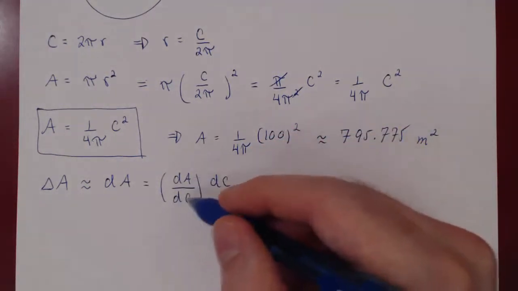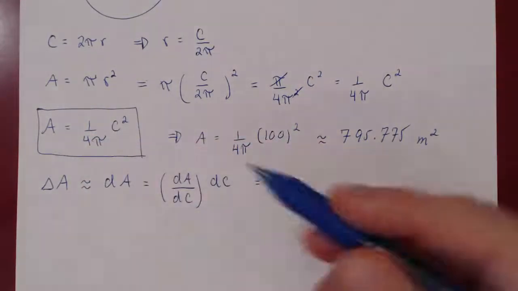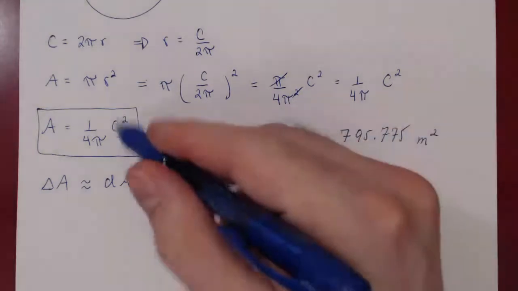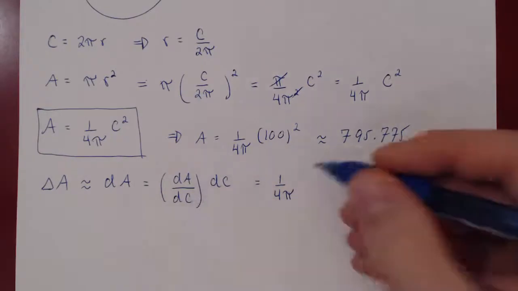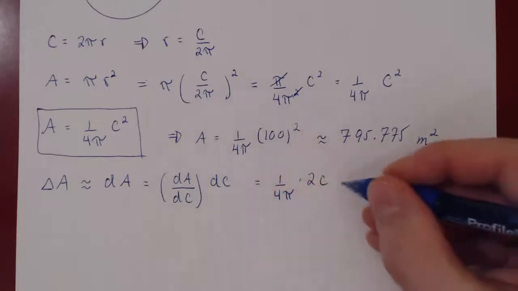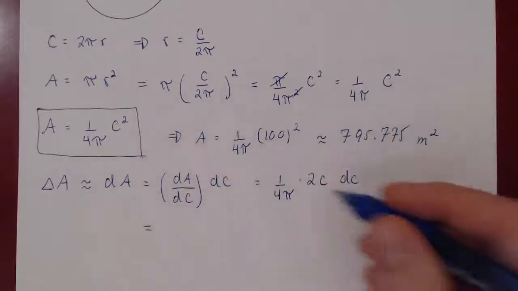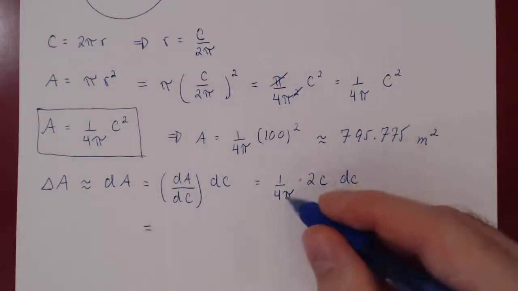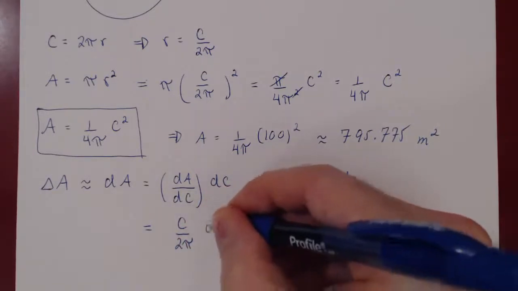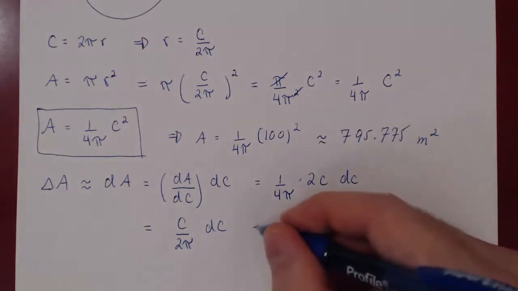Well, let's differentiate A with respect to C, as A is a function of C. The 1 over 4 pi stays there, it's a constant multiple, times the derivative of C squared with respect to C, that's just 2C, and times the differential dC, the change in C. We can simplify a little bit, because 2 over 4 is just 1/2, so we have C over 2 pi, times the differential dC, and now we can evaluate, right?